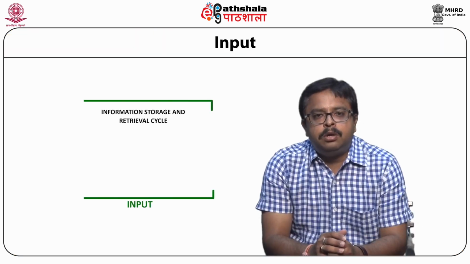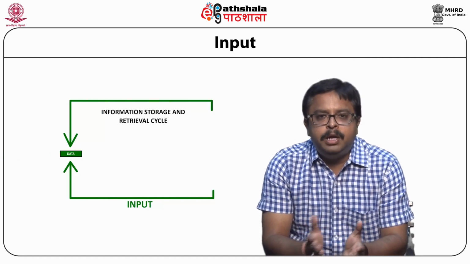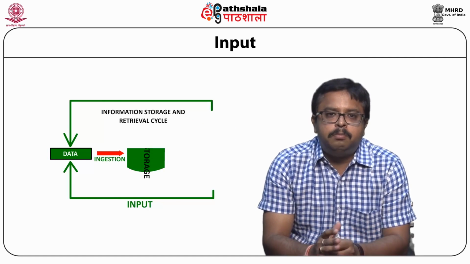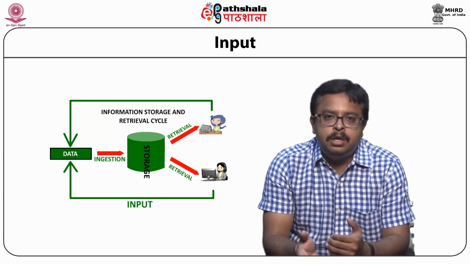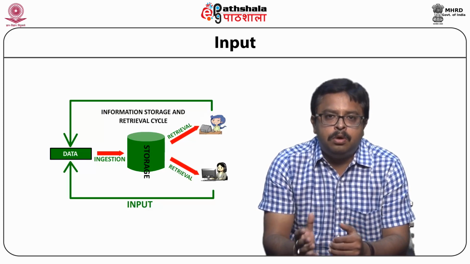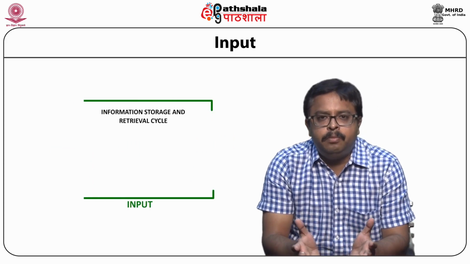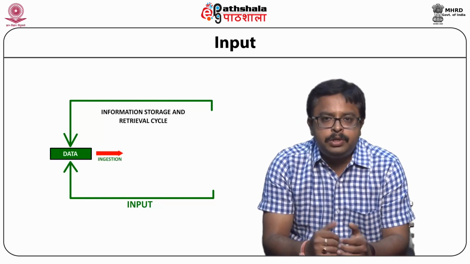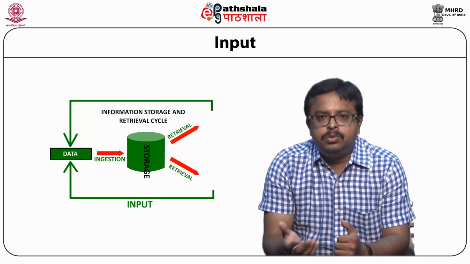This is a flow chart of a database. Normally a database is a storage of data. So you will see there is a block of data which is ingested in a storage of database management system, or a place where data is stored. So this data is ingested in a storage place which can be retrieved in turn by different users.